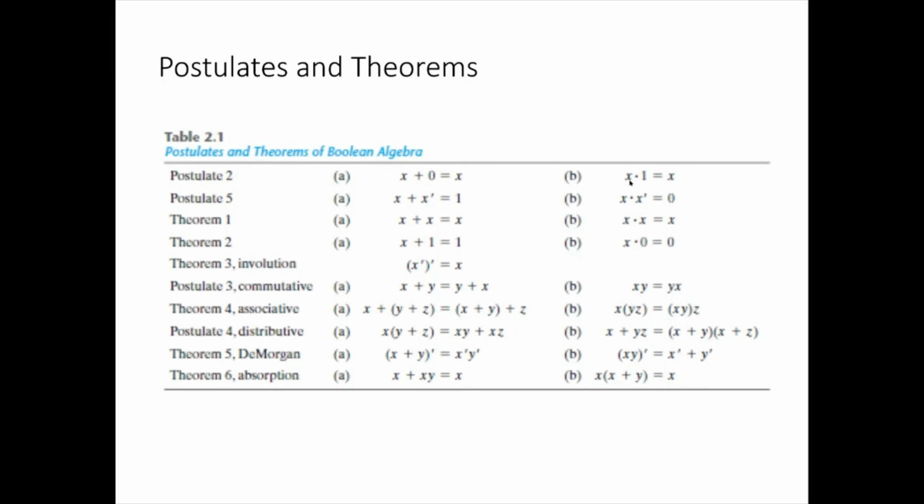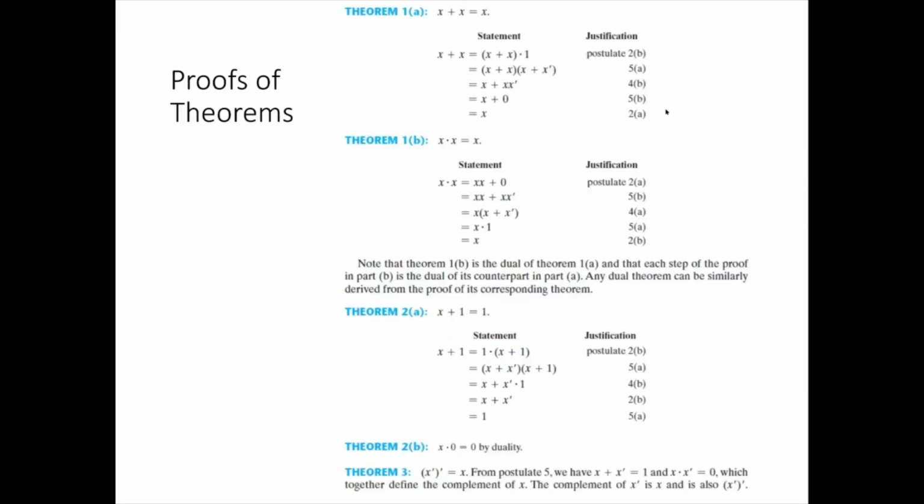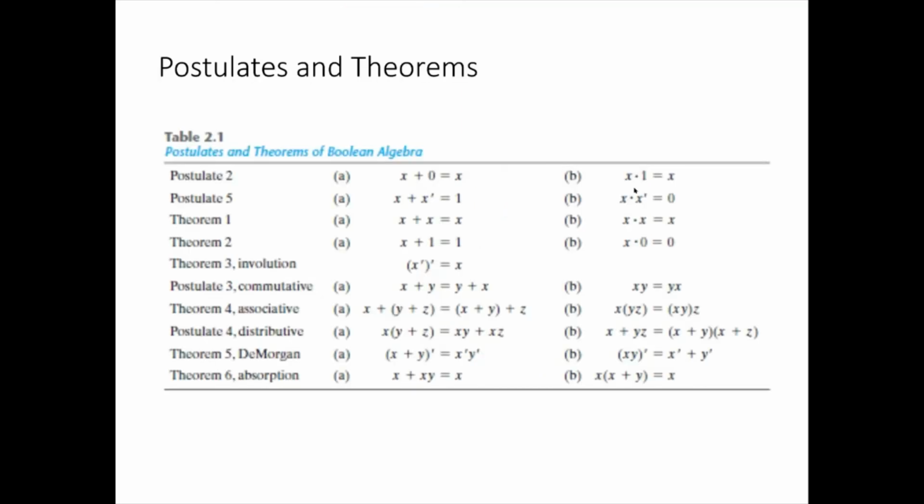What you can recognize here is that anytime you see these variables, that could actually be an expression, and you can just substitute in that expression, all right? So going back to here, x or x is equal to that, using that postulate, which is basically saying whatever expression is ANDed with 1 is just that expression or variable.